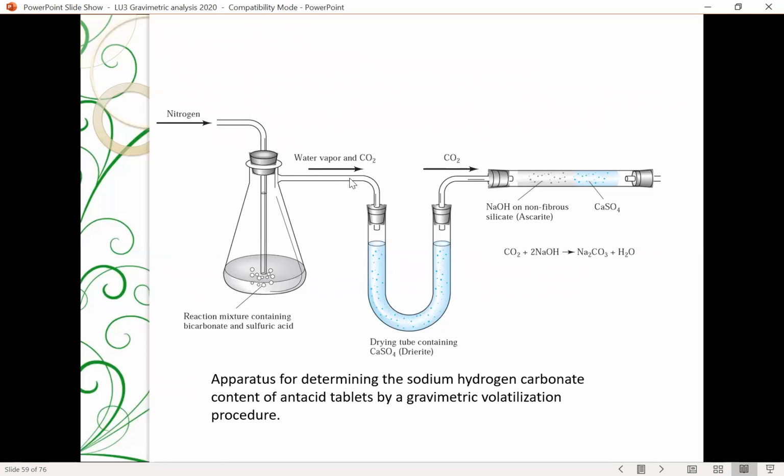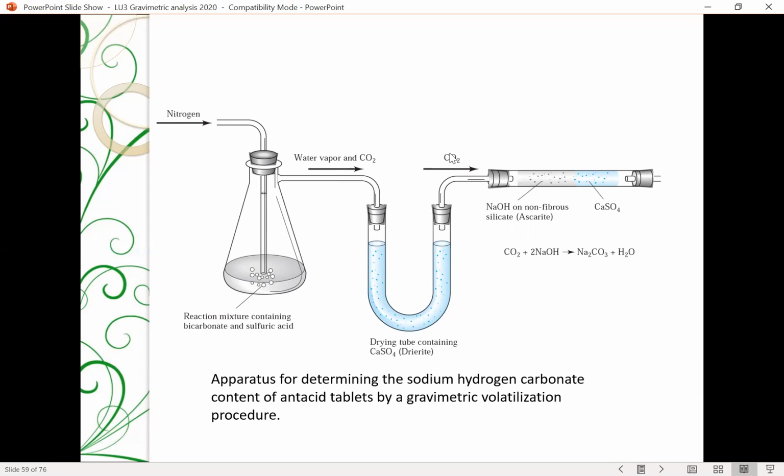We pass the water vapor and carbon dioxide through a drying tube containing CaSO4. We want to remove the water vapor and leave only CO2 after it has passed through the drying tube. Why? Because we want to quantify the CO2 mass.